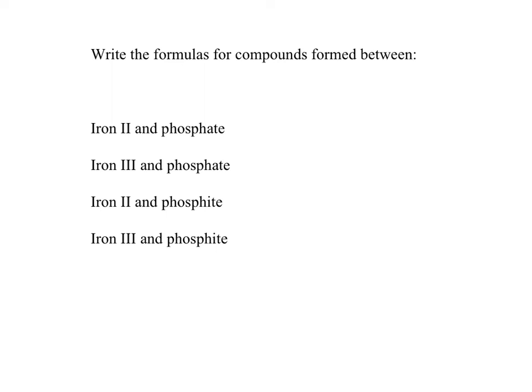Write the formulas for compounds formed between iron 2 and phosphate, iron 3 and phosphate, iron 2 and phosphite, iron 3 and phosphite. So just an exercise in crazy right here. So you do your busy work first. You got iron 2, phosphate is PO4 3-. So crisscross rule here.